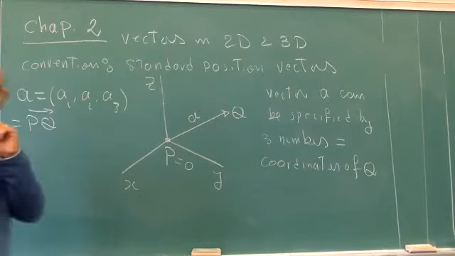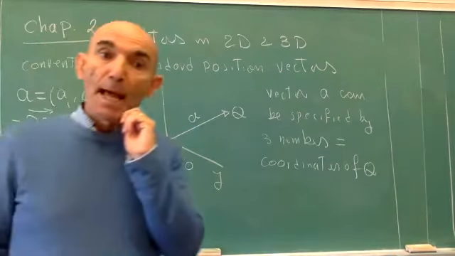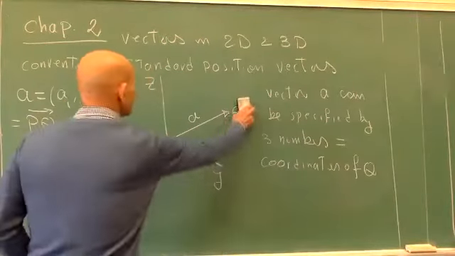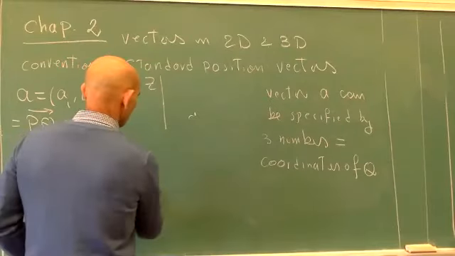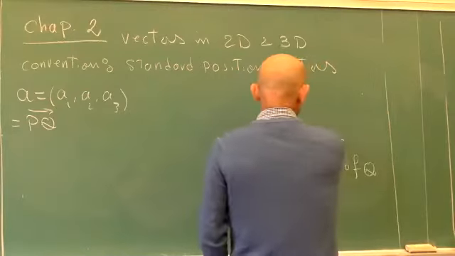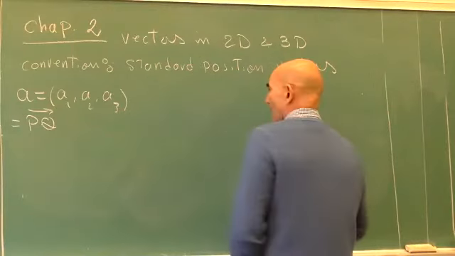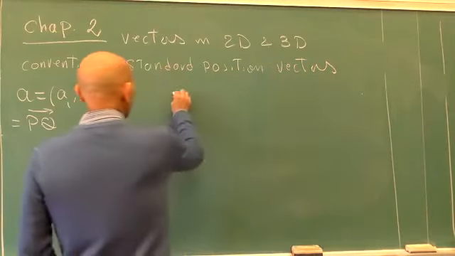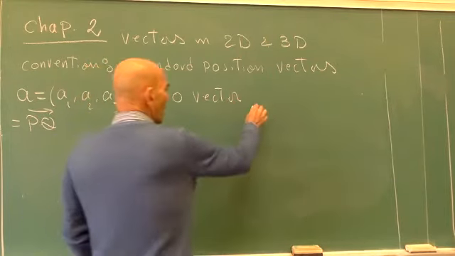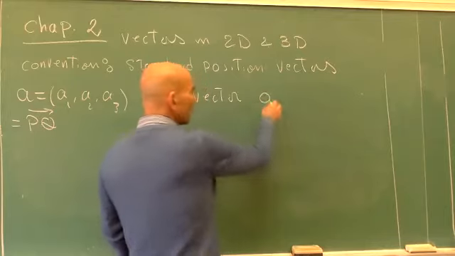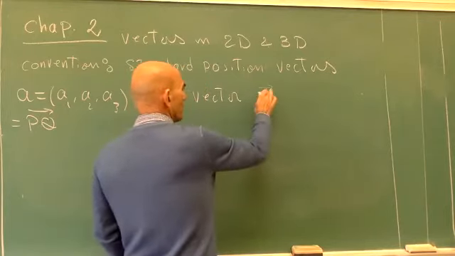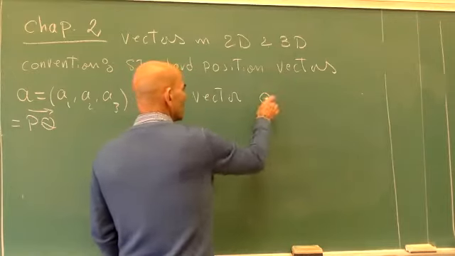Now there is one vector which is very important, and that is the 0 vector. Well, we denote it by 0. Sometimes people put an arrow sign, a vector sign, but we don't do it. We just say 0.